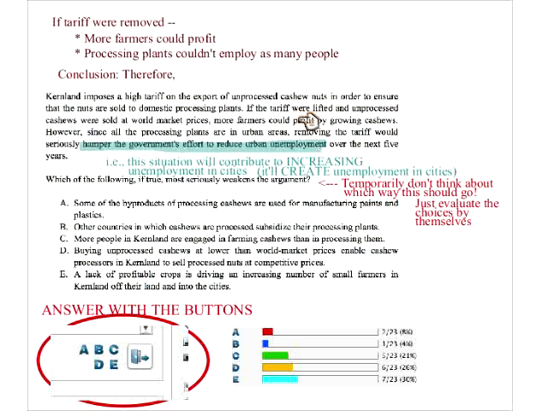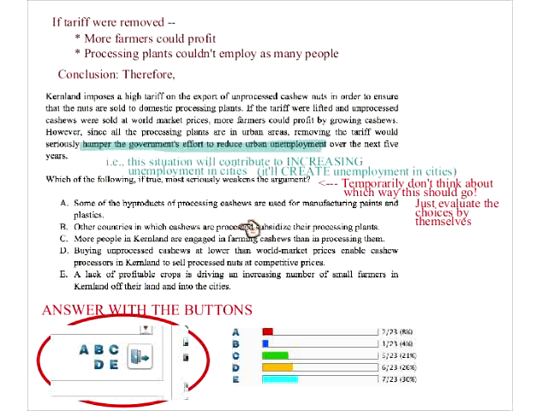It's an MPI. It's the most probable interpretation. It means that we are not processing as many nuts anymore. So the processing factories won't have as much work to do. But yeah, you have to figure it out. They don't state it explicitly. It's the most probable interpretation.